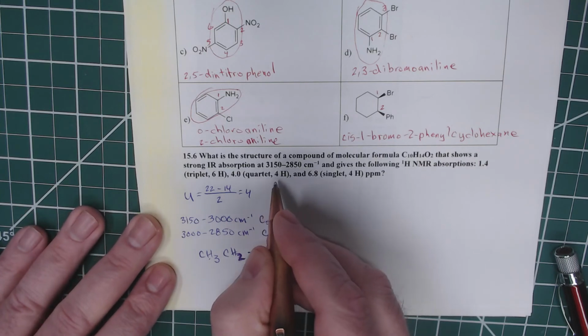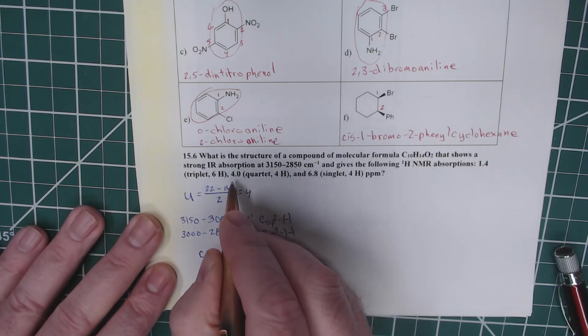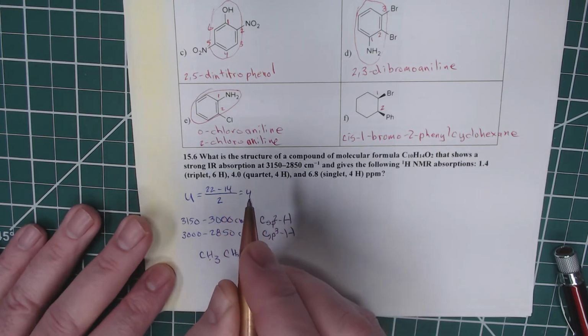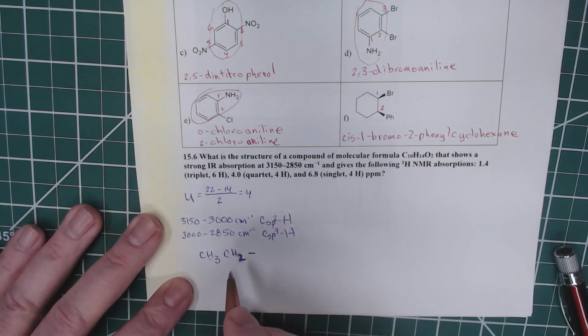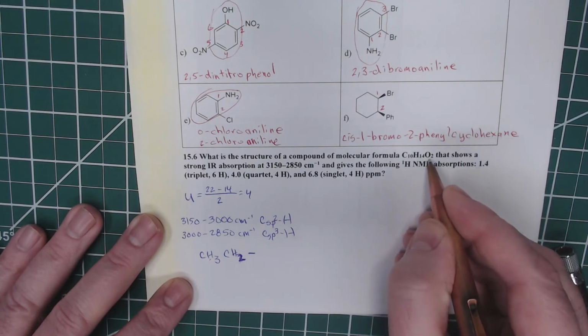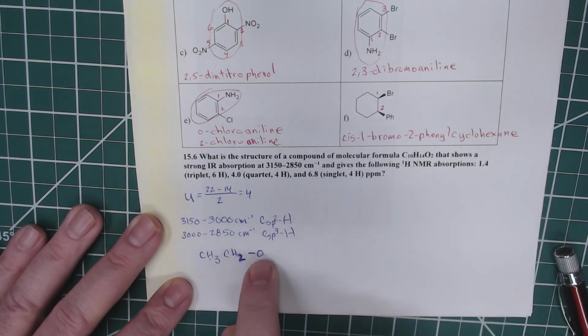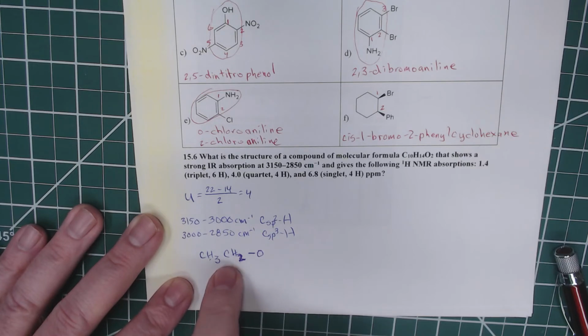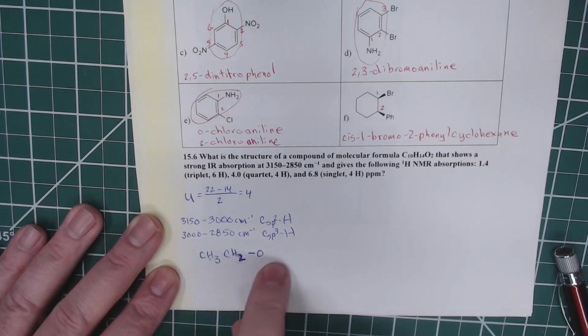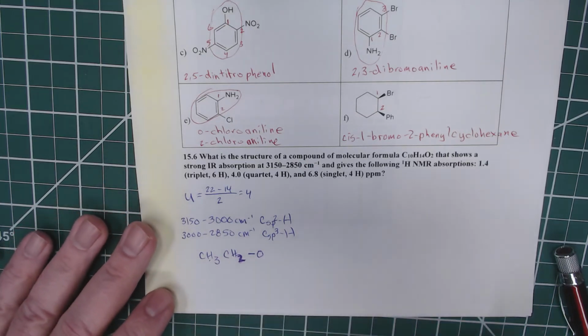Because that quartet, the 4 hydrogens, is at 4.0, that tells us that those hydrogens must be adjacent to something very electronegative. And given that we have oxygen in the compound, we probably have an oxygen directly adjacent to those 2 hydrogens. So it would appear that we've got 2 ethoxy groups that are attached to a benzene, and that these 2 ethoxy groups are identical.